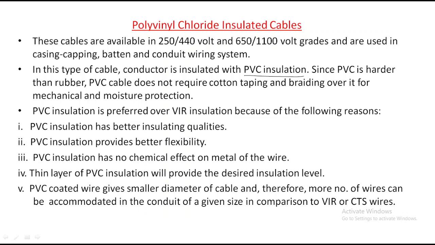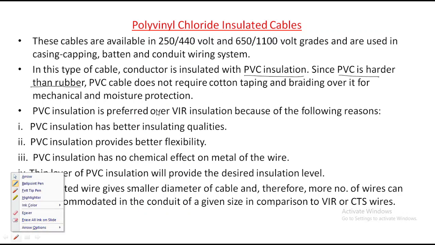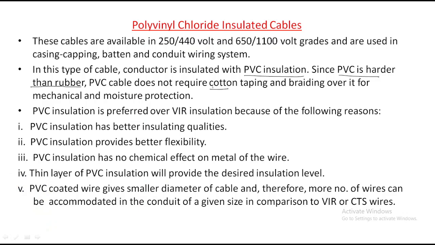Since PVC is harder than rubber, PVC cable does not require cotton taping and braiding over it for mechanical and moisture protection. For VAR we require the cotton taping, but here it is not required. It provides mechanical as well as moisture protection.